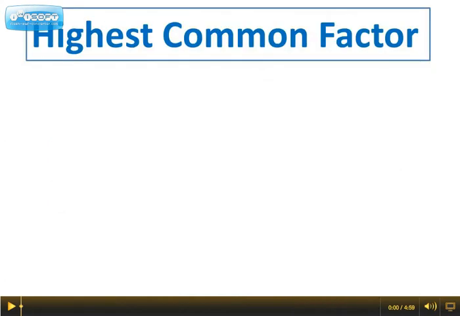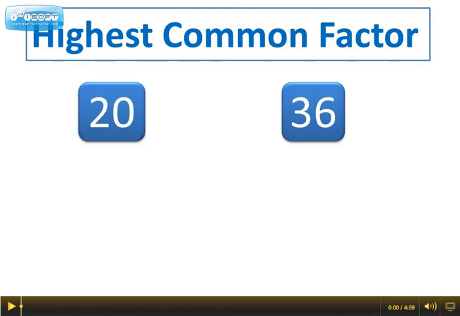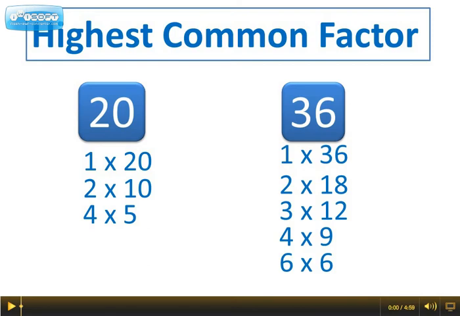With factors, they also like to ask us to find the highest common factor, and this is really approaching a grade D sort of question. So if we take those same 2 numbers as before, 20 and 36, we can write the factors, and if you look at the wording here, it's common factor, so we can see that there's a 1 in both of them, there's a 2 and there's a 4.